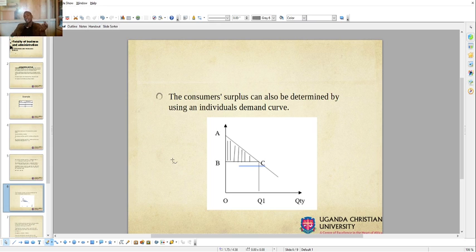So the consumer surplus can also be determined using the demand curve. This is price, this is quantity. The person is consuming up to Q1 altogether.